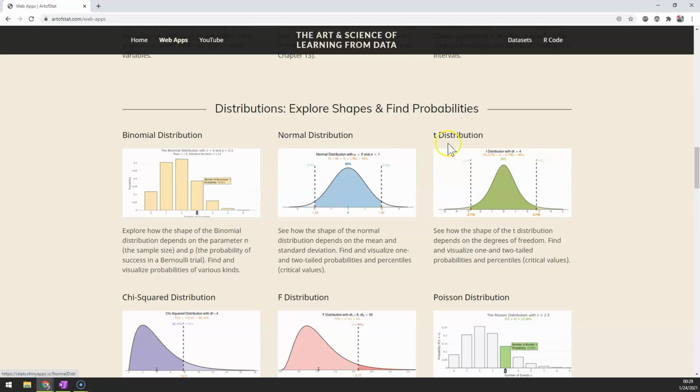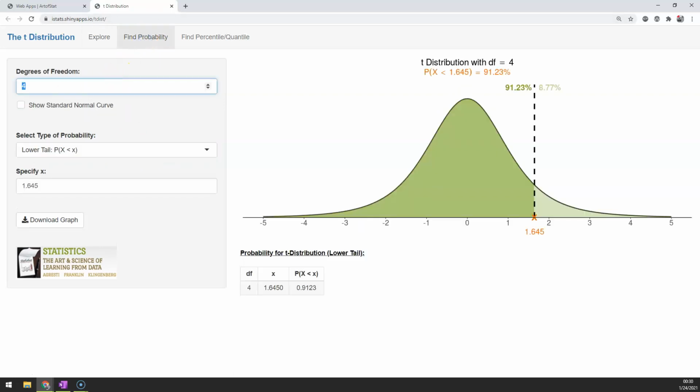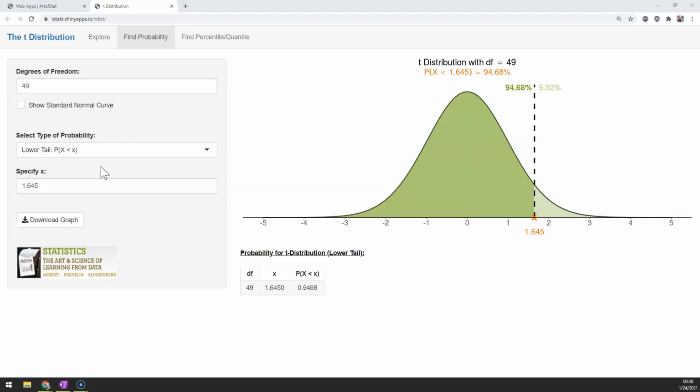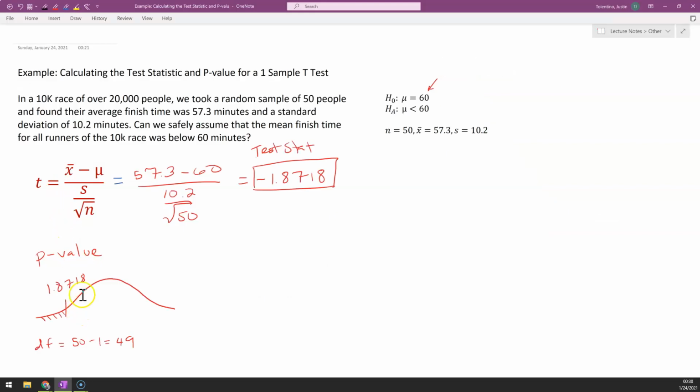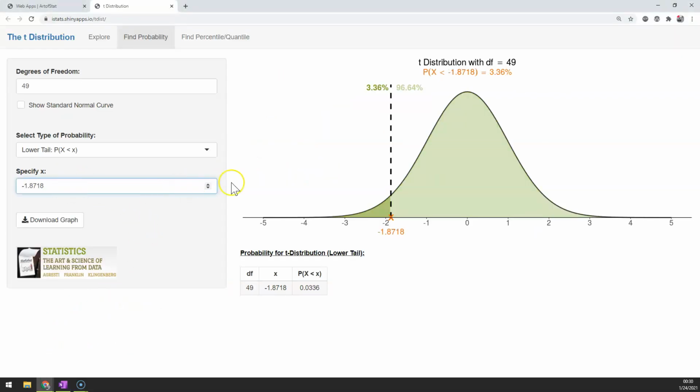So on ArtofStat, we see the t-distribution calculator. We're looking for the probability of getting our data, so we'll put that in. Degrees of freedom we saw was 49. We're looking at the lower tail, and of course our boundary is negative 1.8718. And so we get our p-value is 0.0336.